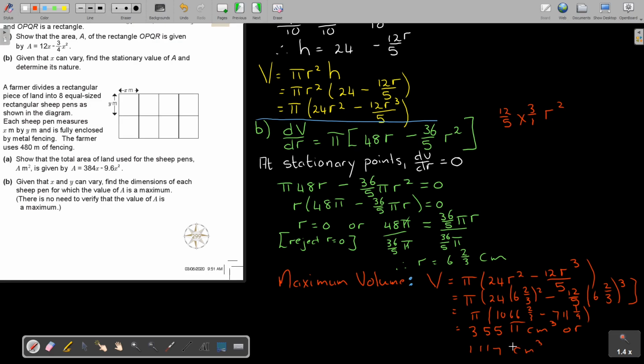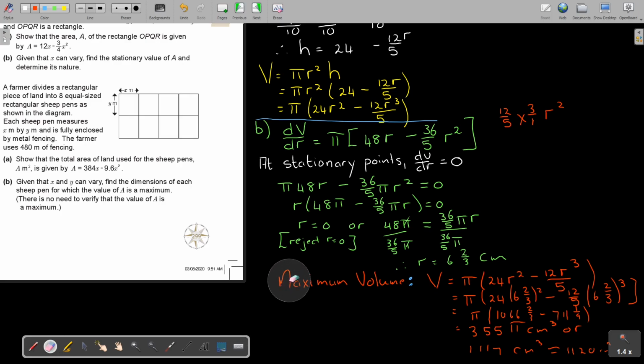I would say correct to three significant figures will be 1120 cubic centimeters. But I think keeping it in terms of pi is exact, and it will always be the correct answer. This was quite a long sum, but let's go for the next one.